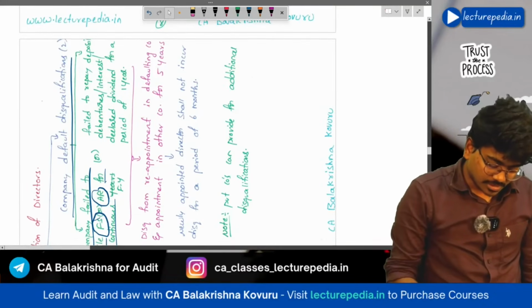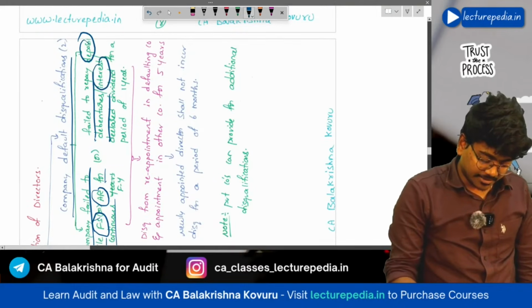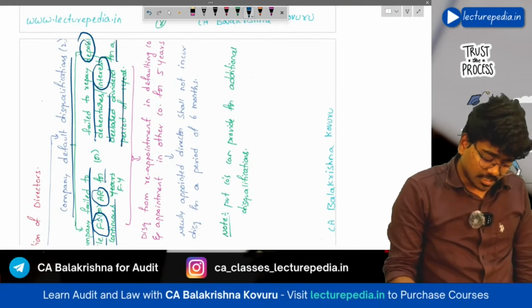Next, another default: failed to repay deposits, debentures, interest, declared dividend for a period of 1 year.